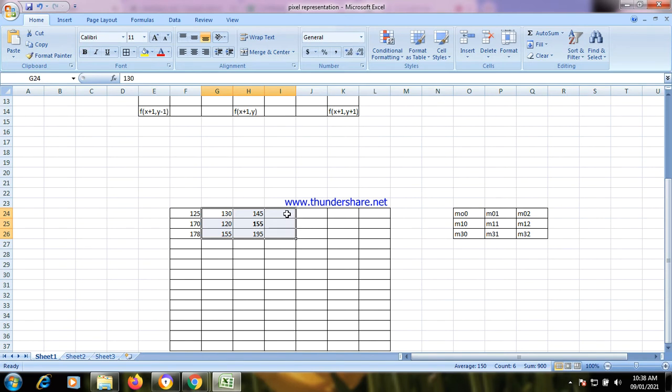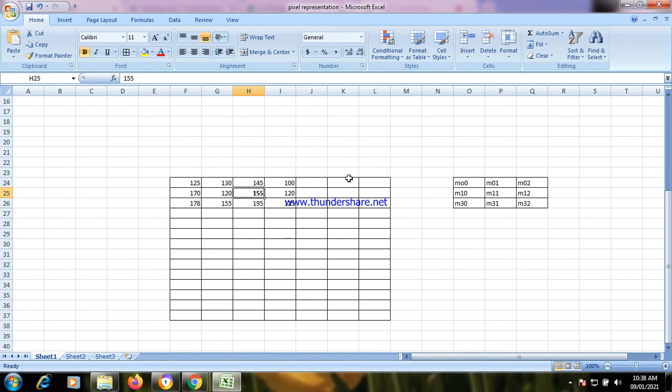Say the values are 100, 120, 120, 125. I take the average of all these intensity values and replace the 155 with it. The motto of this spatial filtering is that you can reduce the noise.